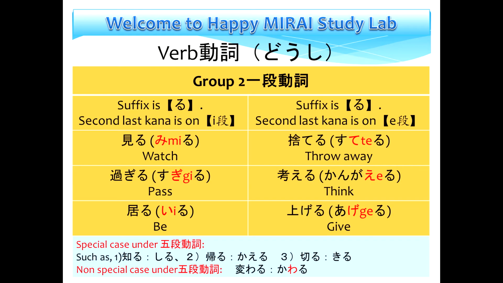Let's look at the second last kana. The second last kana of kawaru is a. So it didn't end on idan or edan. So it is a godan doshi, right? So this is how you tell a verb which ends with ru, but you don't know whether it is an ichidan doshi or godan doshi.